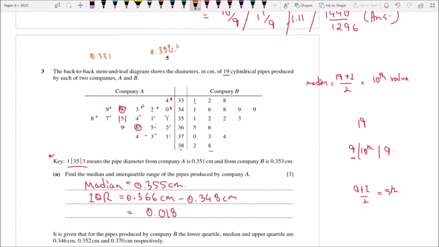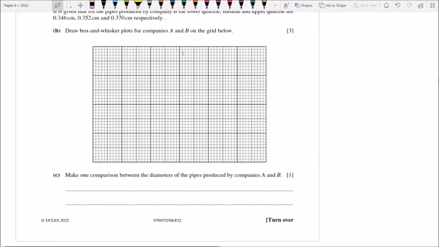So we need a scale from 0.33 to 0.39. This is 0.330, 0.340, 350, 60, 70, 80, 90.